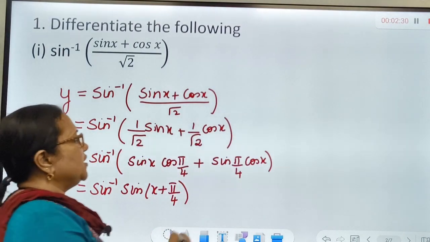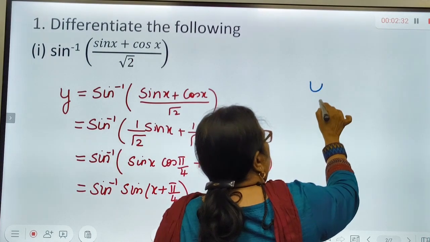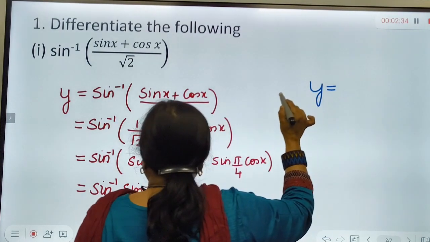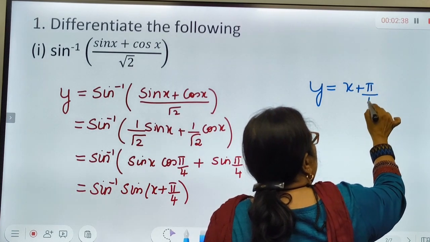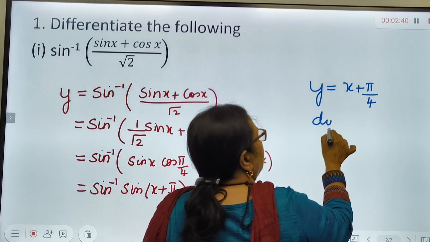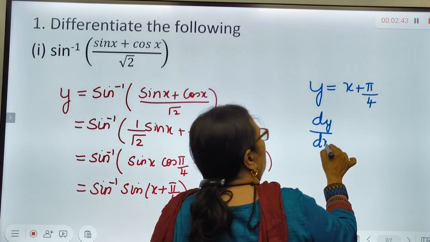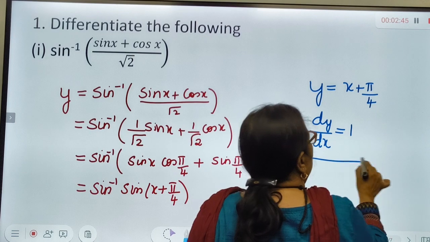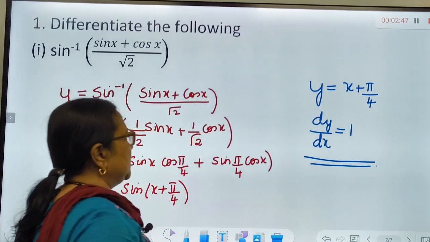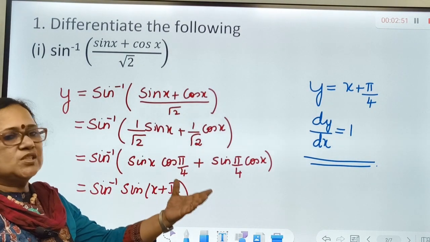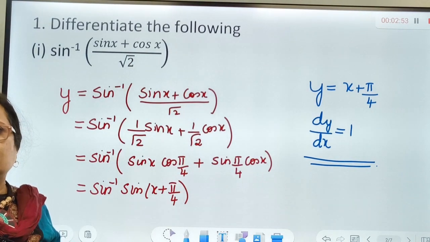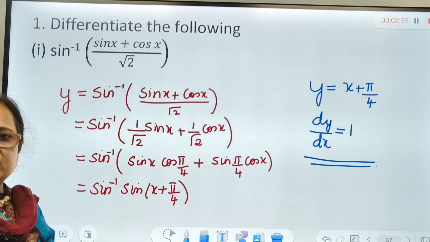Okay, so the function can be simplified and written as y equal to x plus pi by 4. So dy by dx is equal to 1. No restrictions on the domain or anything is given. So we are just simplifying and just finding the derivative. Are you all able to follow? Is it understood?